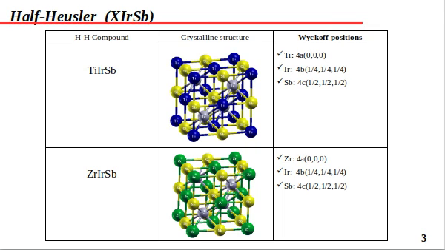This table shows the crystalline structure of the two compounds, TiARSB and ZrARSB, and it's clear that they have a Half-Heusler structure, which we can describe by the interpenetration of three face-centered cubic sublattices occupied by the three atoms X, Y, Z with the following Wyckoff positions.